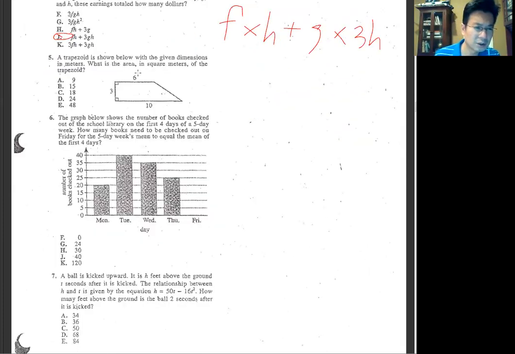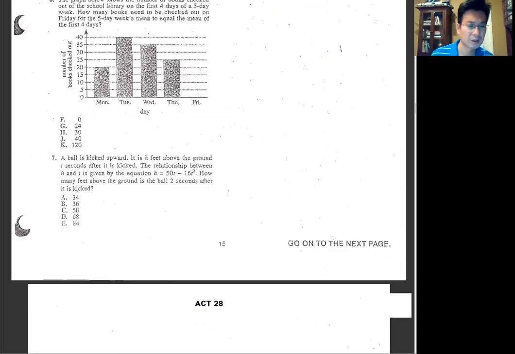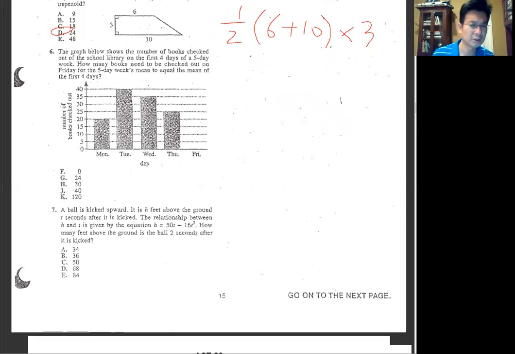A trapezoid is given. What is the area? Area of a trapezoid is 1/2 times top 6 plus bottom 10 times height. So 8 times 3, 24. Then the graph below shows the number of books checked out.